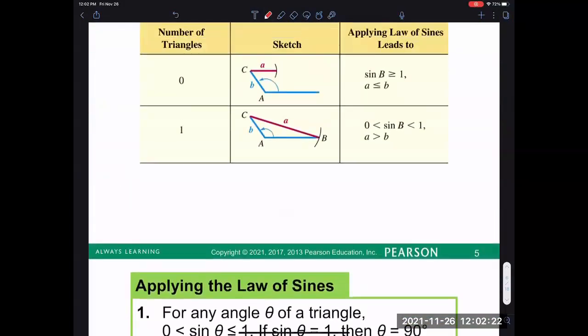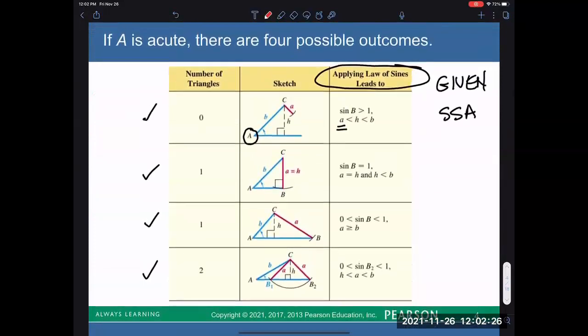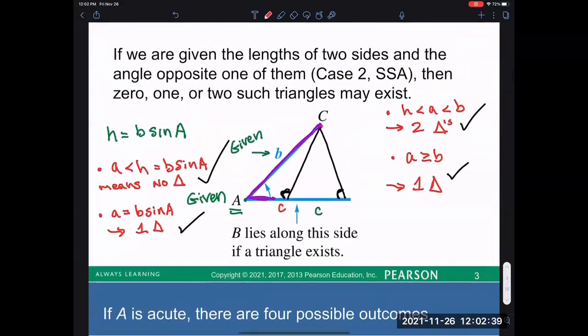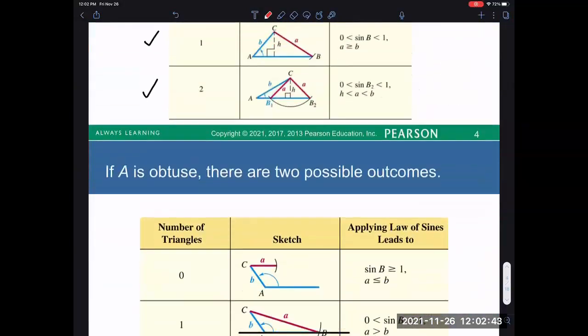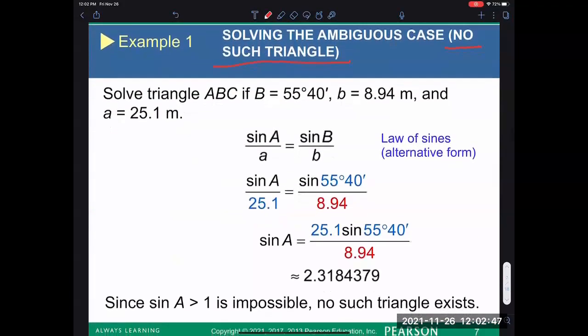The case where no such triangle could be made was if angle A was acute, because the side A length given opposite that angle was not long enough. It wasn't as big as H, and that meant that it wasn't as big as B times sine of A. If it was obtuse, well, then it's just not larger than B.